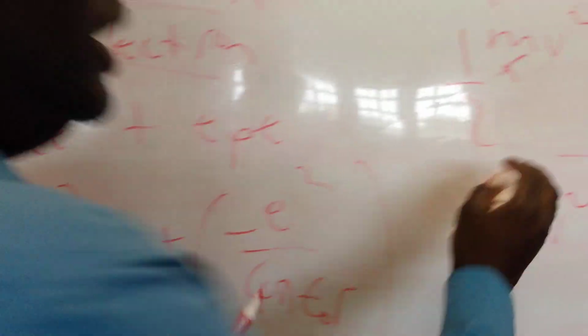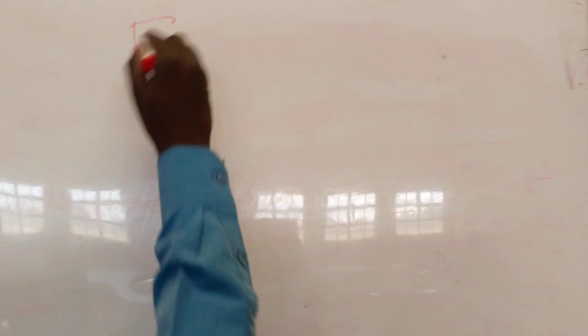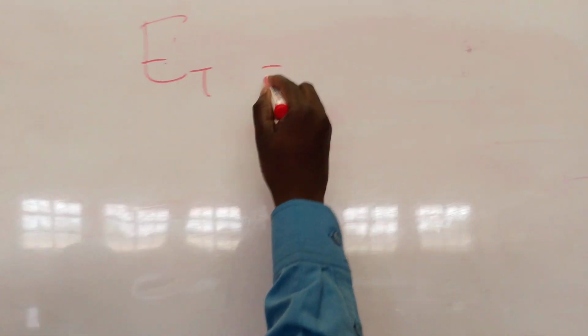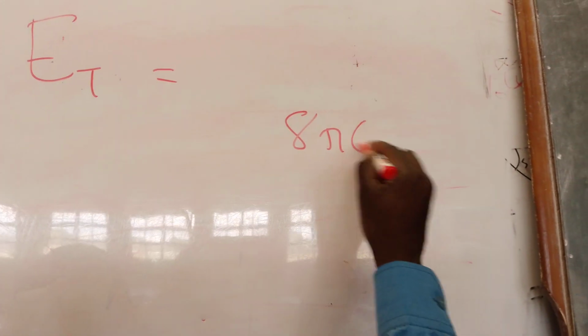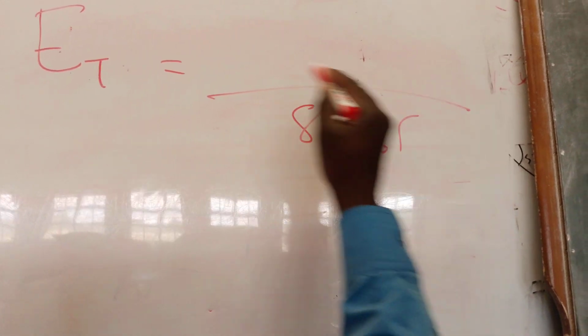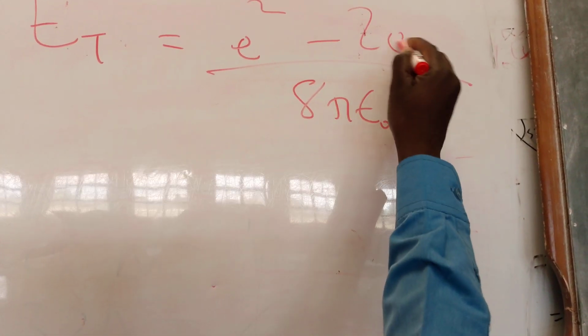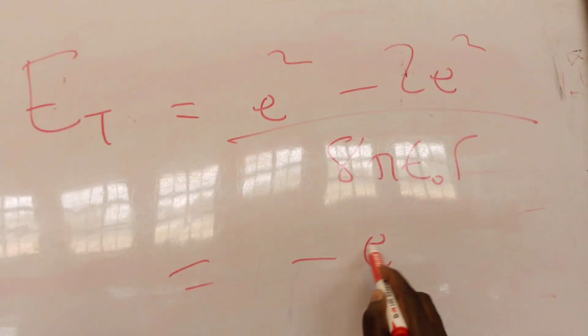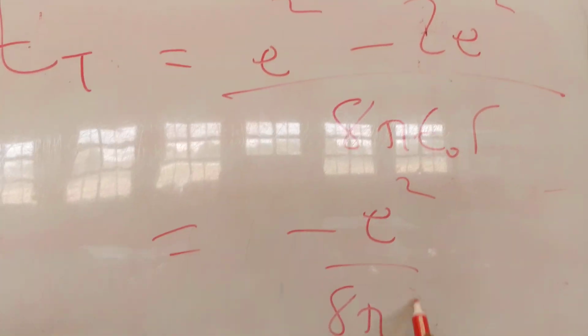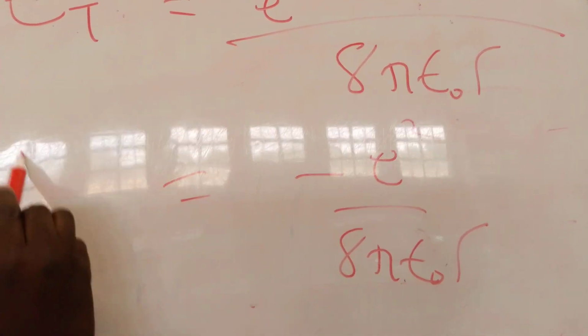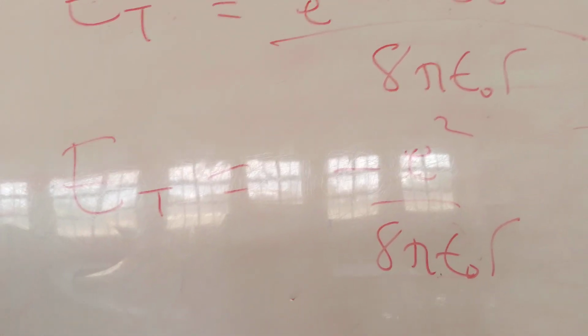So the total energy is over 8 pi epsilon naught r, which is e squared minus 2 e squared, which is minus e squared over 8 pi epsilon naught r. That is the total energy.